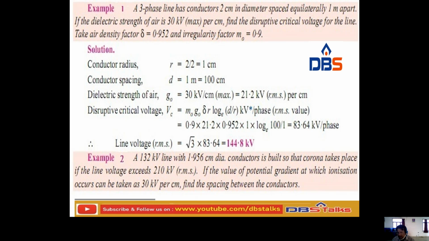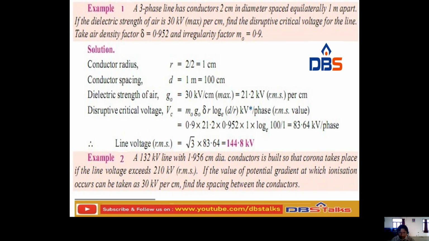For the RMS value, it is 21.2 kV per centimeter. If they give it, well and good. Suppose they don't give it, we can take these two values. Those are the standard values.